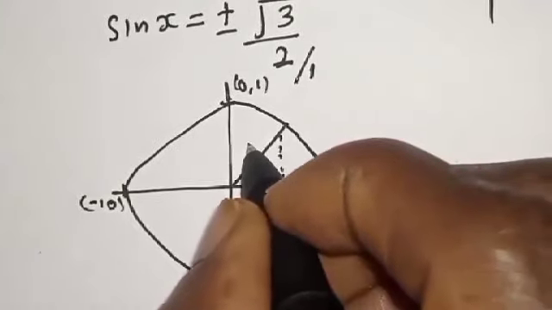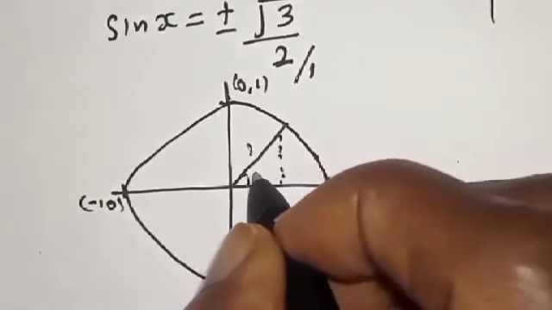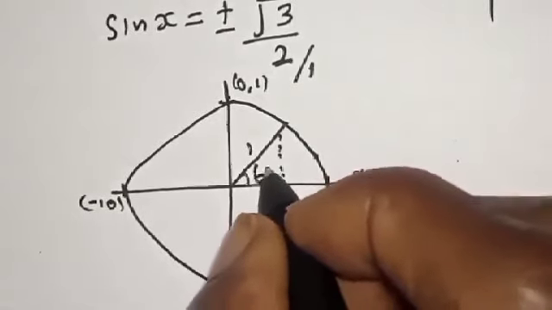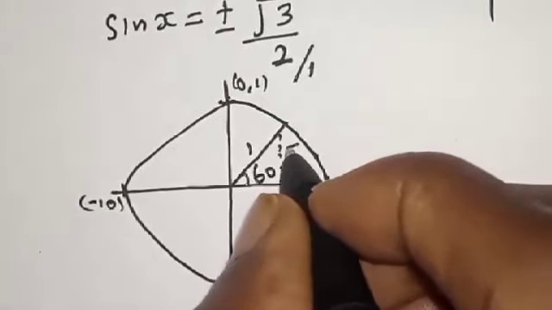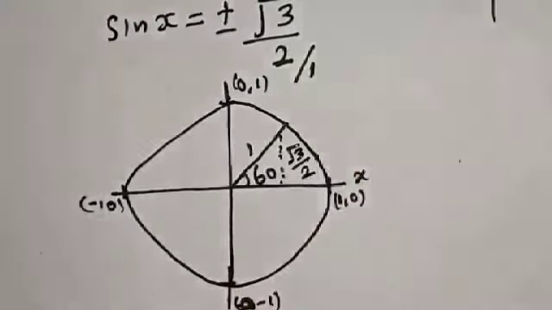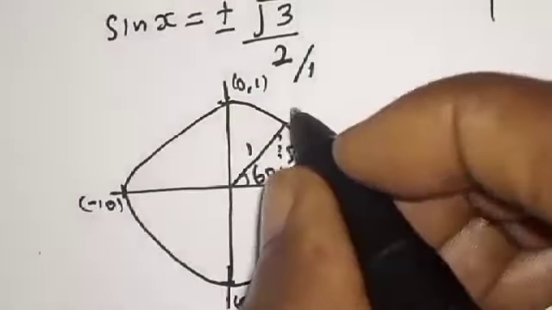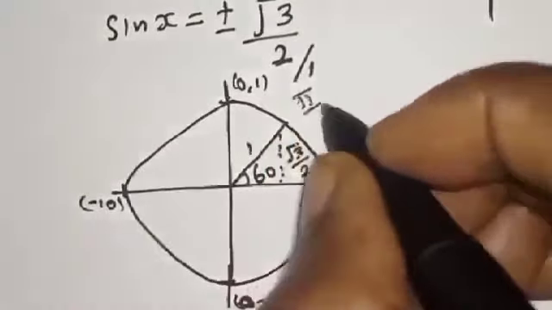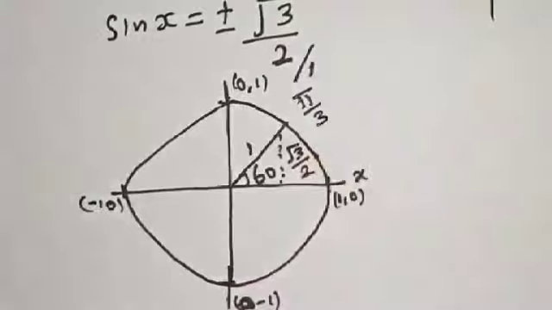Here is hypotenuse 1. Here is angle 60. Then this is root 3 over 2. Now, here will be pi over 3.